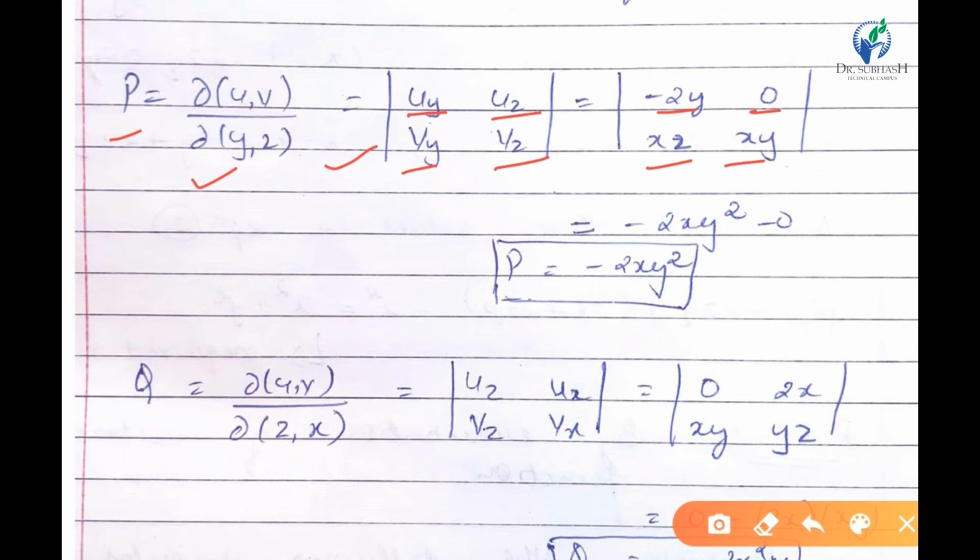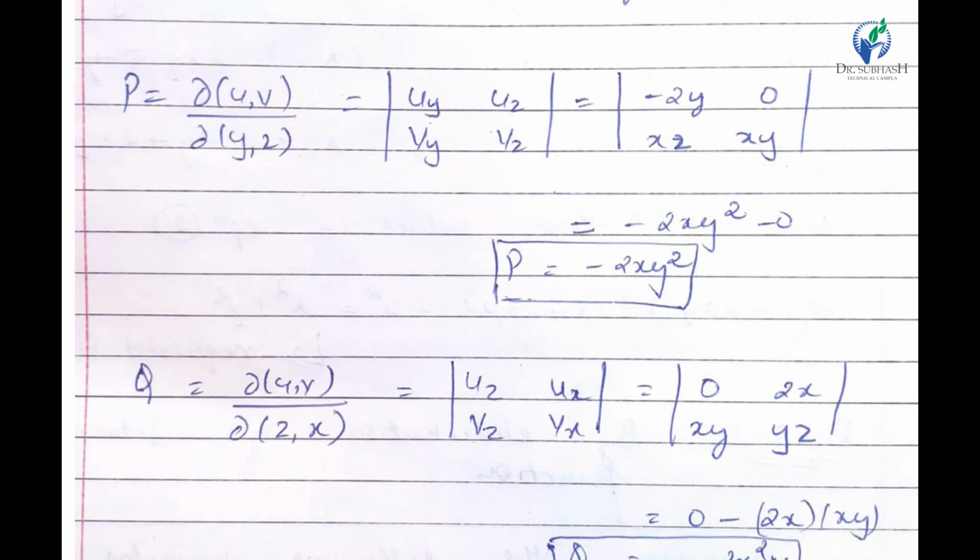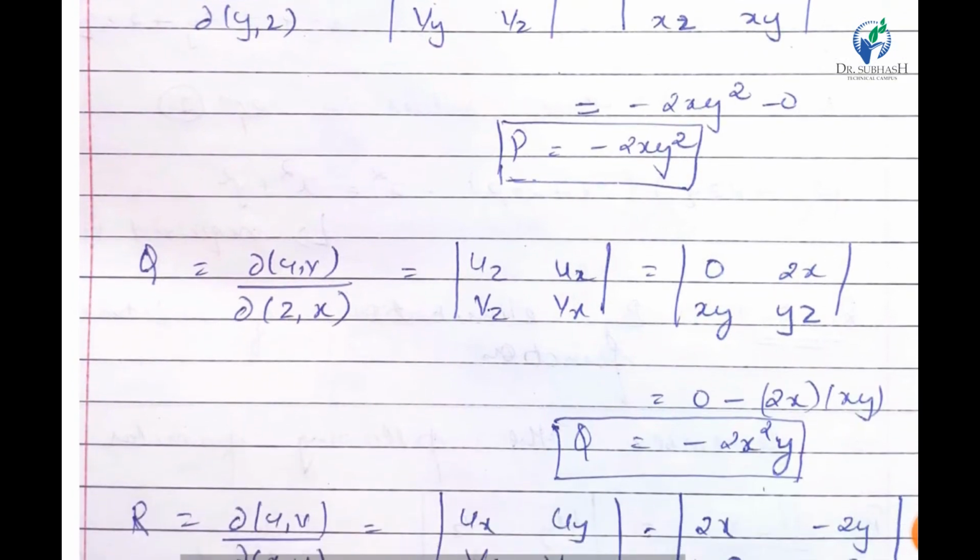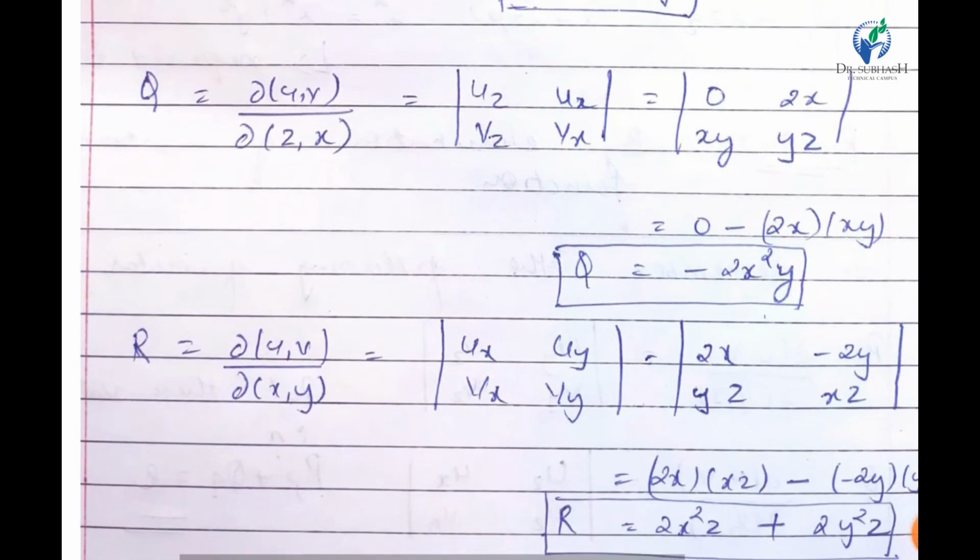Now we find the determinant. We multiply this minus this term. So we get minus 2xy square minus 0. So capital P equal to minus 2xy square. Similarly, we will find Q and R.